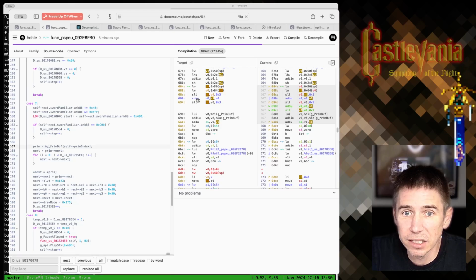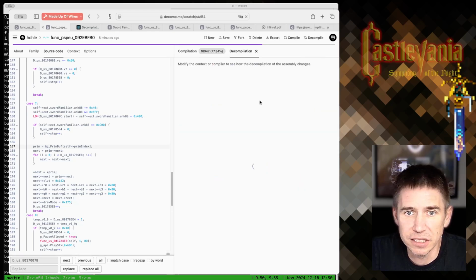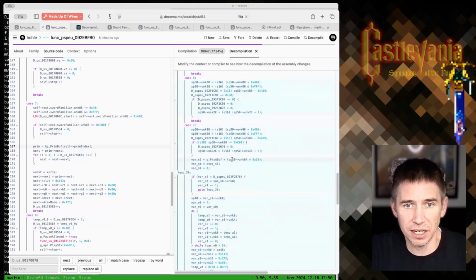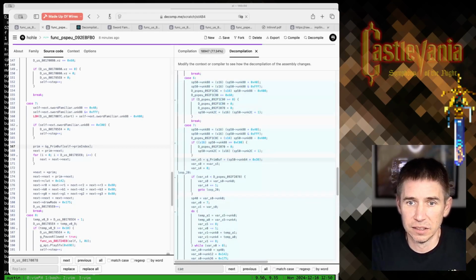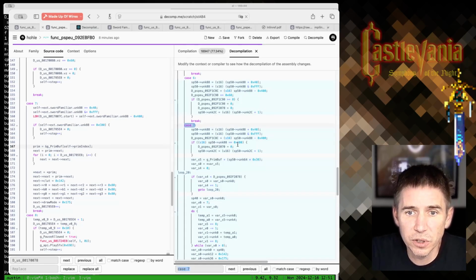The way that this is written or compiled on the PSP, we're subtracting a value from this. Let me actually look at the decomp. Hopefully that works. It's just such an odd... okay, so we're here at case 7.